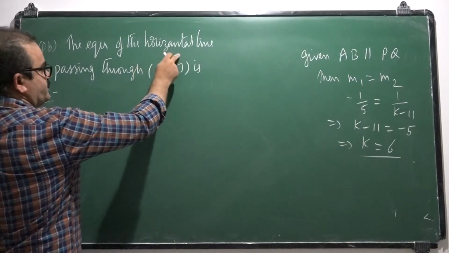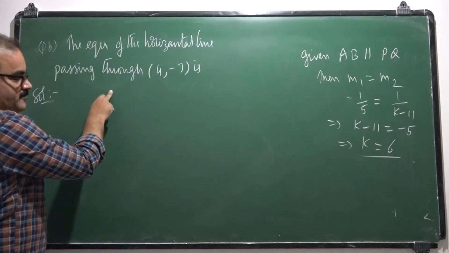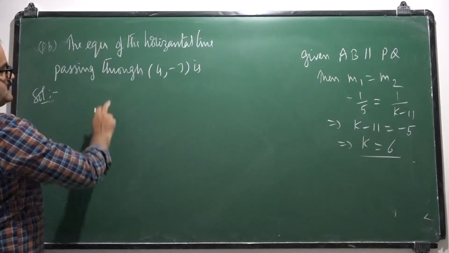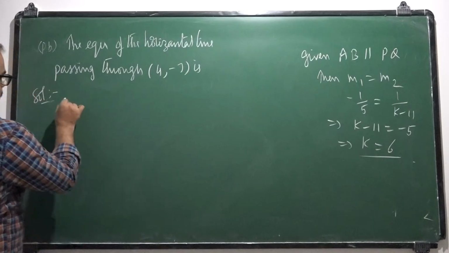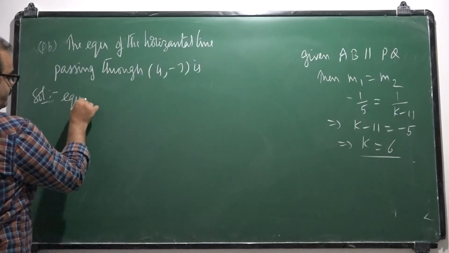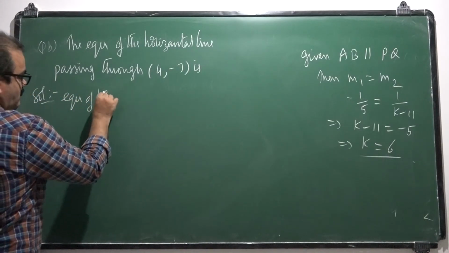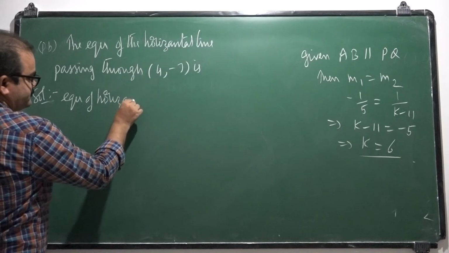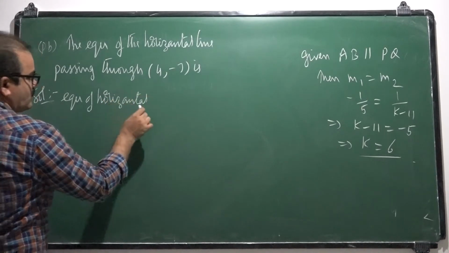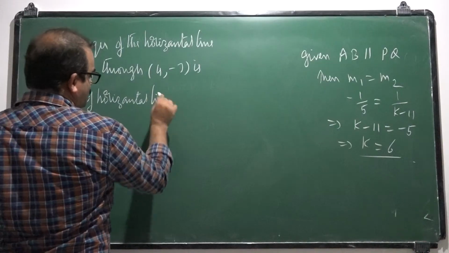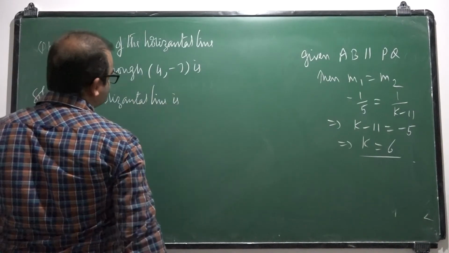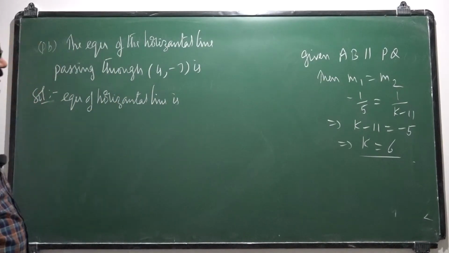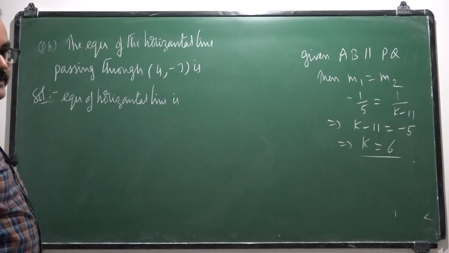Horizontal line, that means a line parallel to x-axis. Equation of horizontal line is, we know slope of a horizontal line is 0.